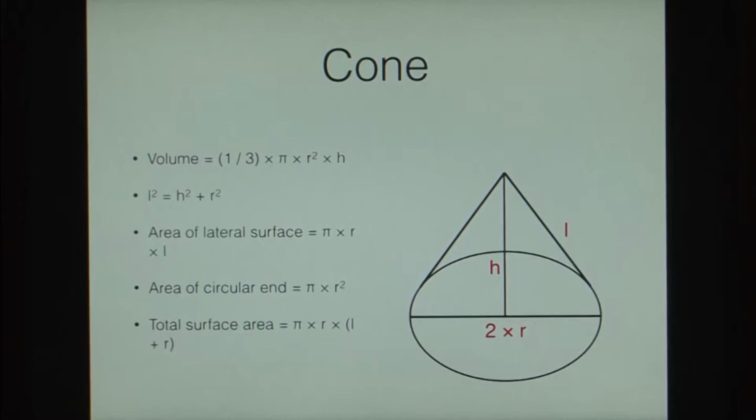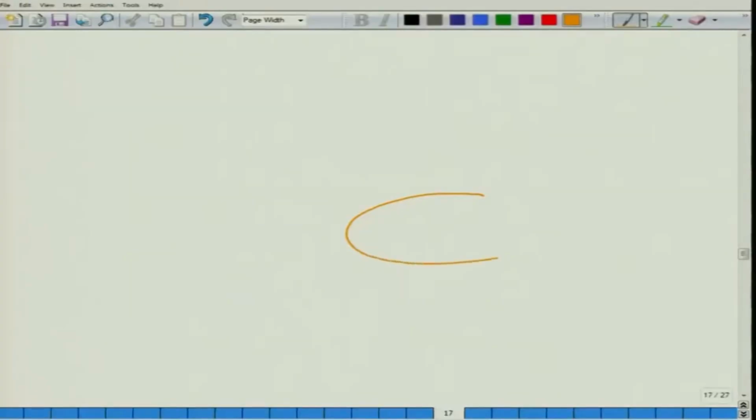The next solid figure is a cone. A cone consists of a circle and all the points are made to taper to a single point. It has a circular base which has a center O and a radius r, and it has a height given by h.